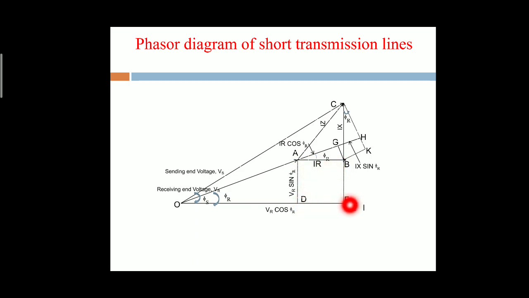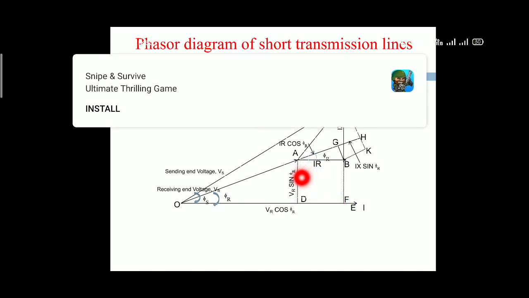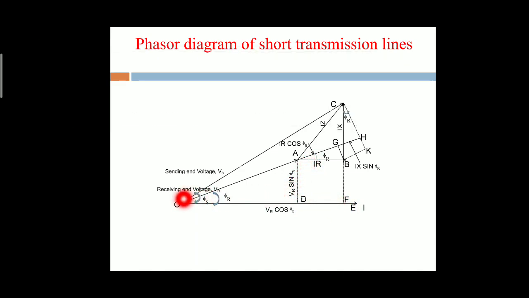Therefore, DF is equal to IR. Then OD plus DF is equal to VR cos phi r plus IR.